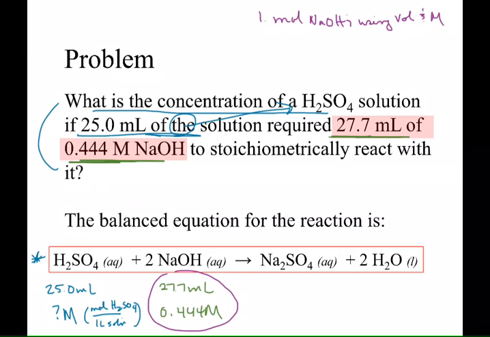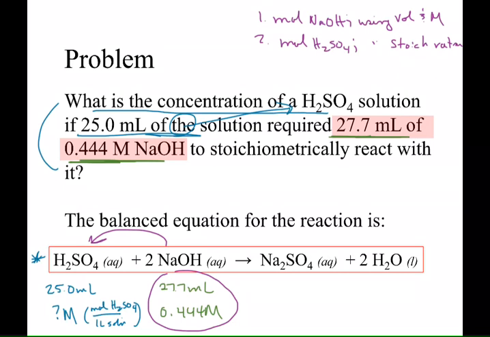Well, now the pattern is to go ahead and go then to the other thing. Now in this case, our second step is going to go, once we have moles of NaOH, to moles of H2SO4. How can we do that? Using a stoich ratio, just like we did in our grams to grams problem.